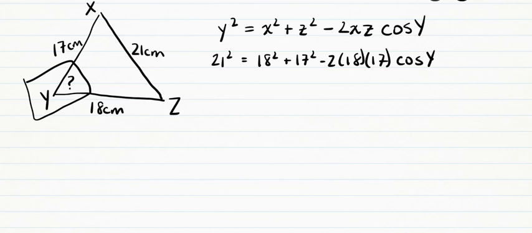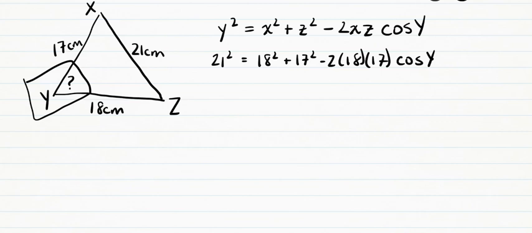So now the process of isolating y is not quite as easy as the process of isolating c from the last example, where c was almost isolated in the equation already. Here, it's going to take a little bit more work to get y isolated. So the first thing we notice is we can subtract 18 squared from both sides of the equation and subtract 17 squared from both sides of the equation.